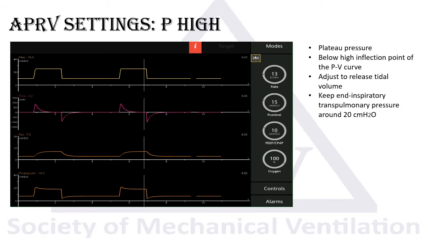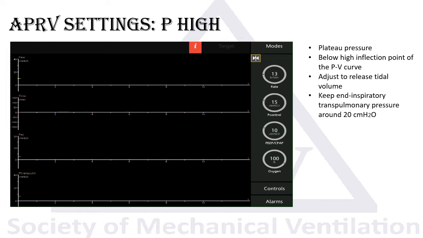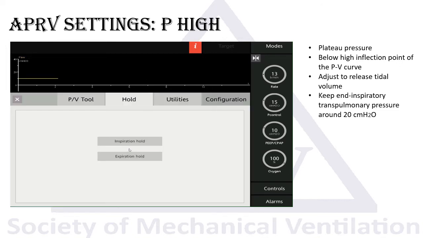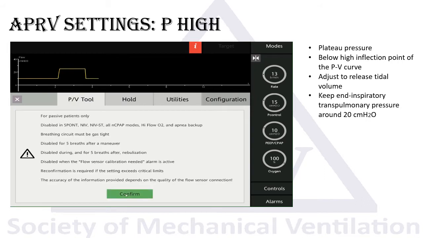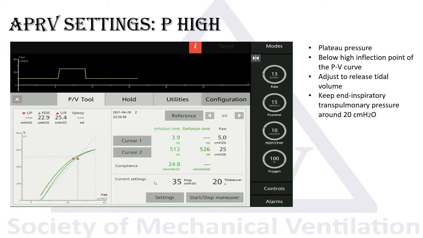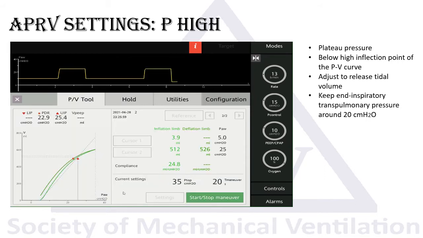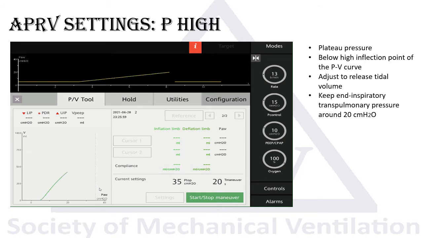One other way of setting it is to obtain a pressure volume curve, although that sometimes could be difficult if the patient has spontaneous effort. And as we talked, you want your patient on APRV to have some spontaneous breathing, so you might not get a very accurate pressure volume curve.